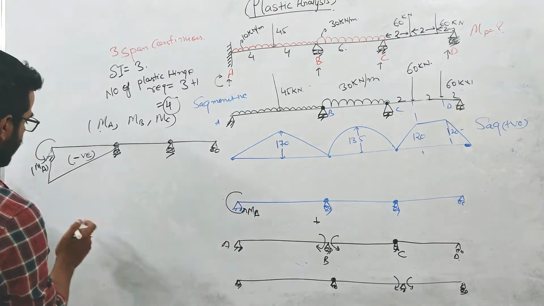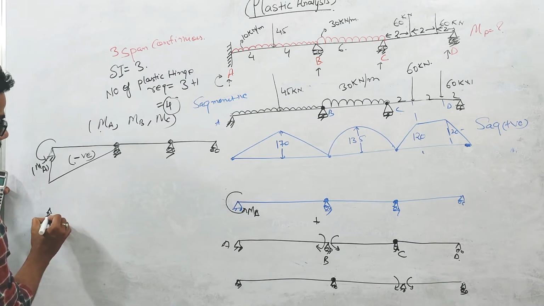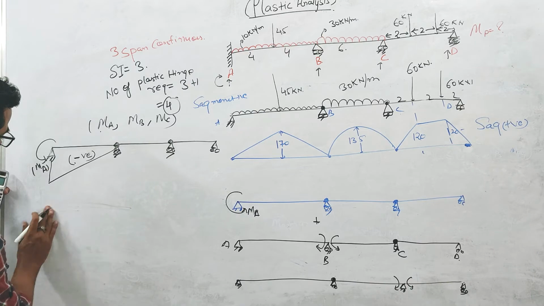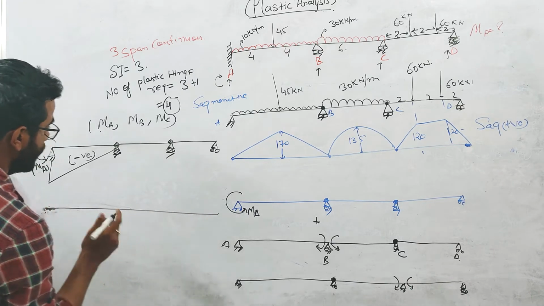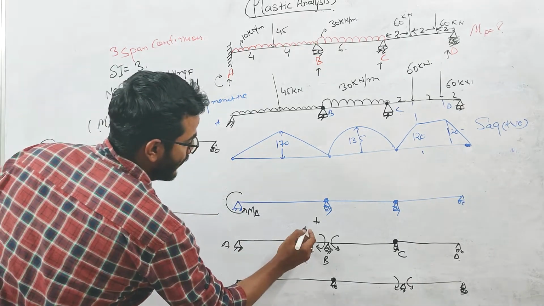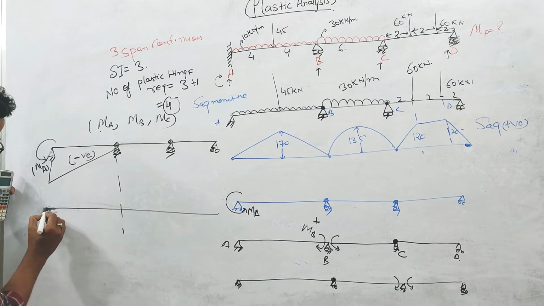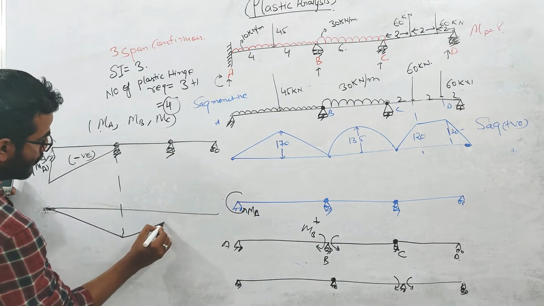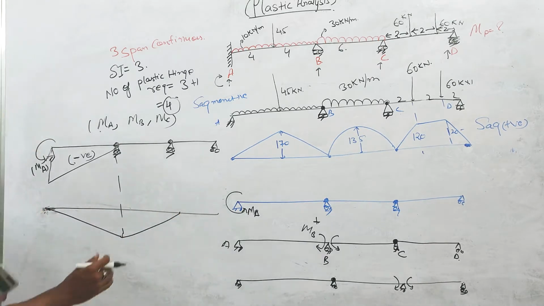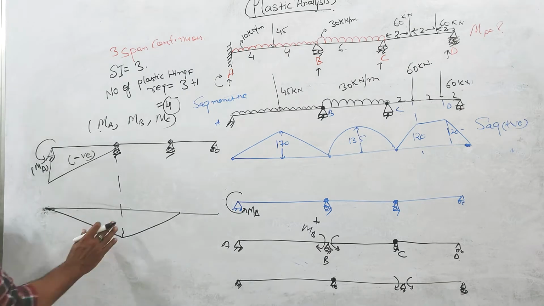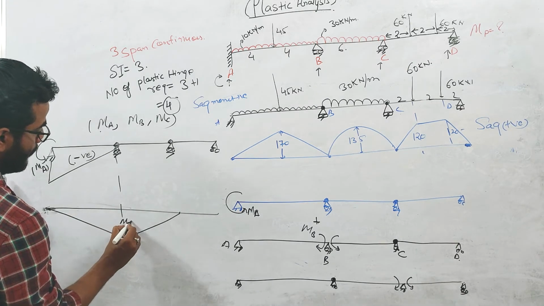Now let us come to this again. Let us draw the bending moment diagram directly. So it's bending when you are applying the MB moment at this point, and its bending moment diagram will look like this. In this portion there will be no bending, right? So this is MB.